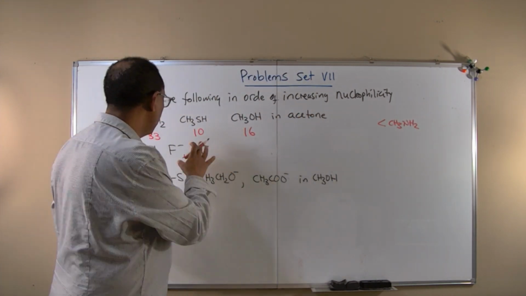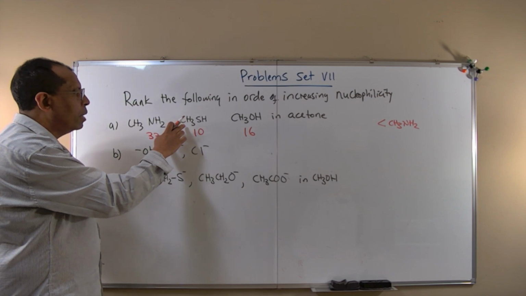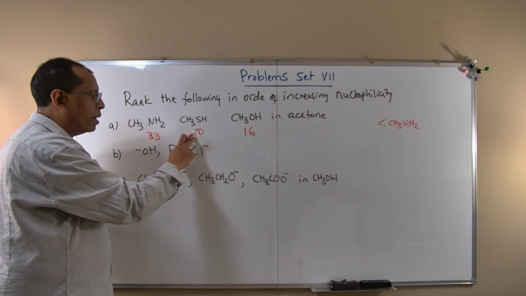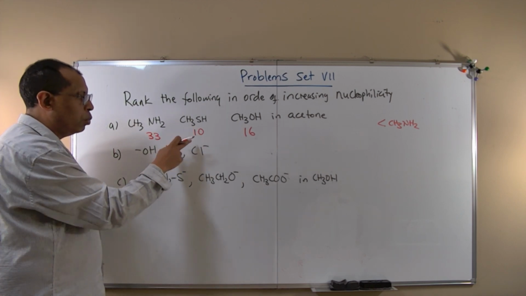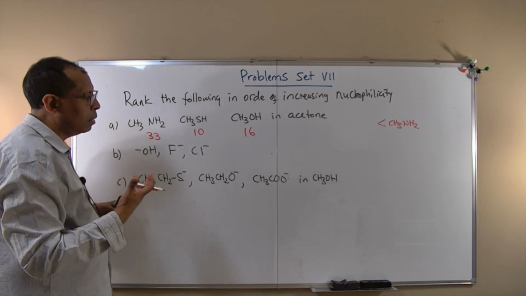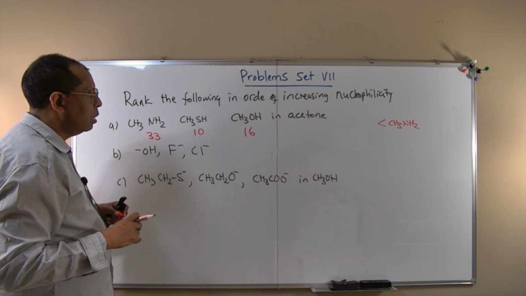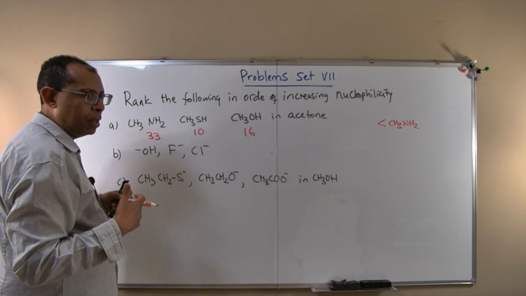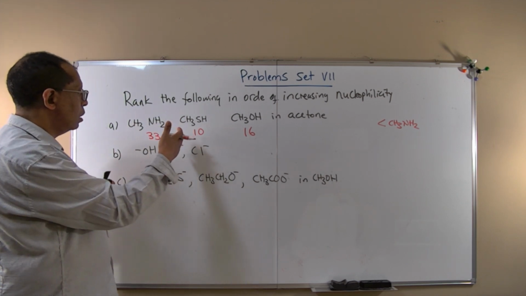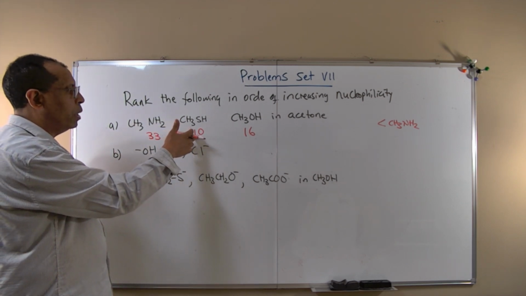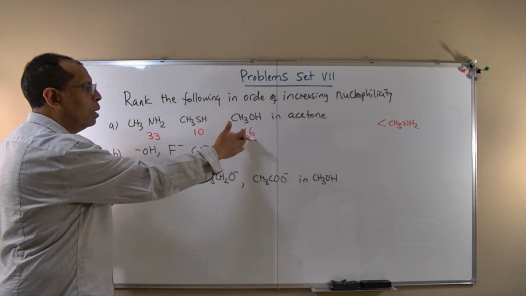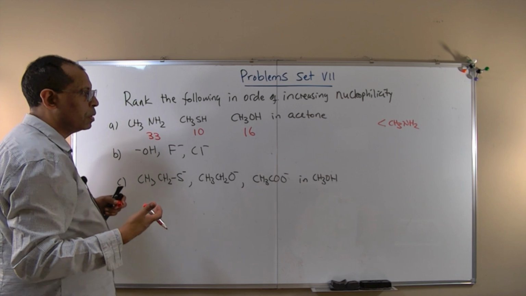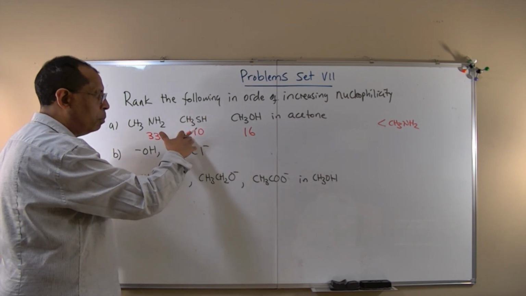The next one would be, if we compare methanethiol with methanol, methanethiol has a pKa of 10. That means it's very acidic. Relative to this, it is not as basic as this one. So methanethiol is much more acidic, and that means it's less basic than this one.